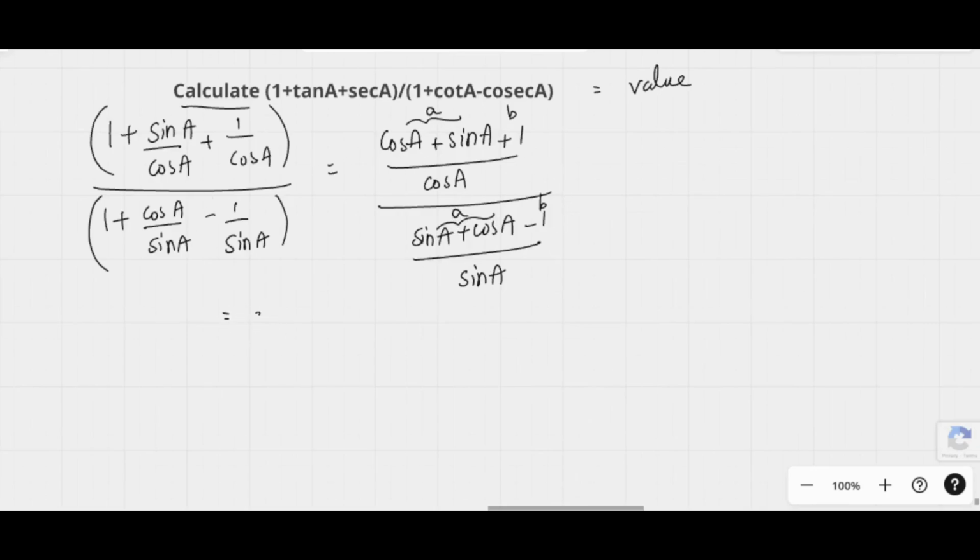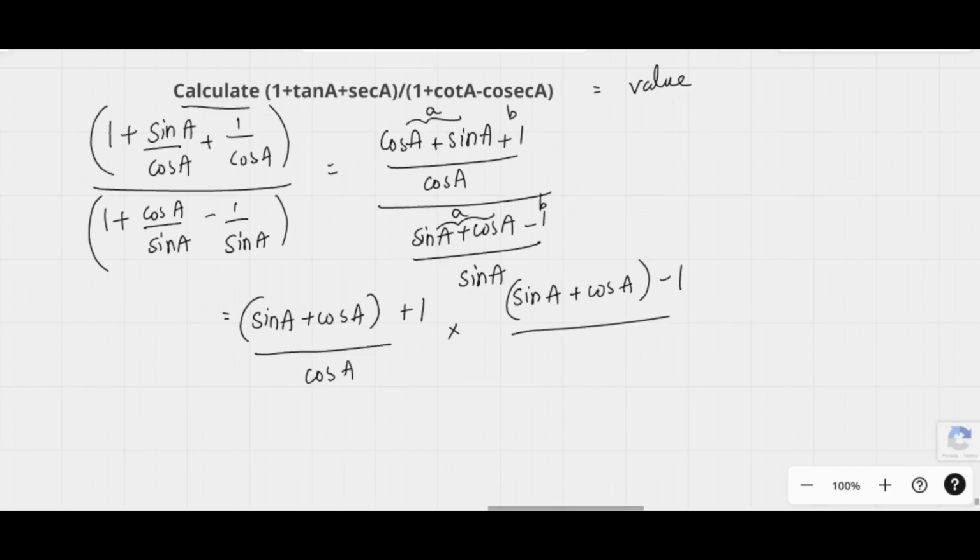So what will happen? Sin A plus cos A plus 1 divided by cos A into sin A plus cos A minus 1 divided by sin A. See what I have done.